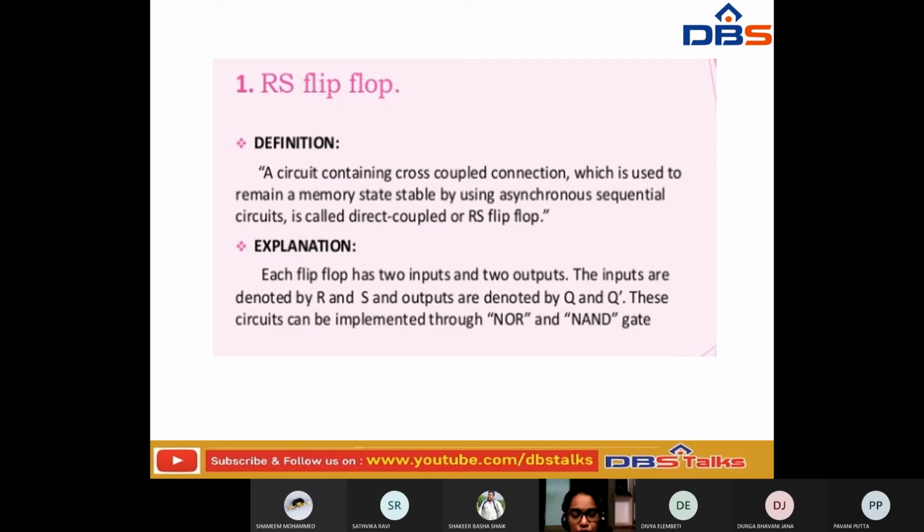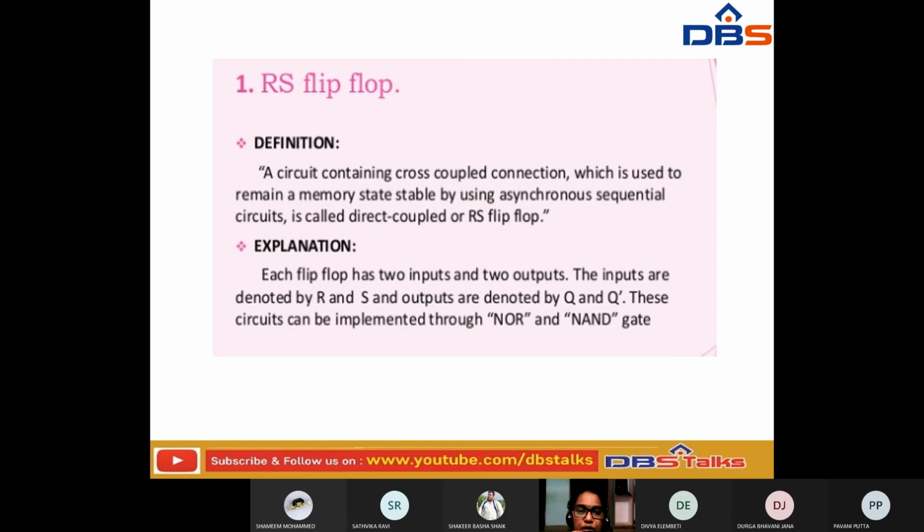The cross-coupled circuit is used to keep a memory state stable, and this type of flip-flop will remind us that the memory state is stable.